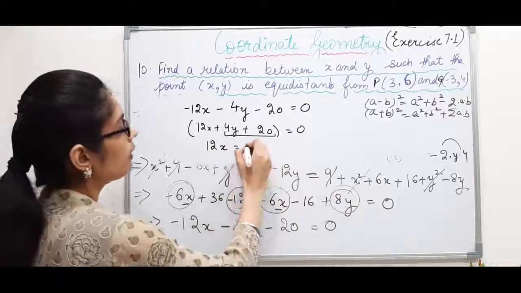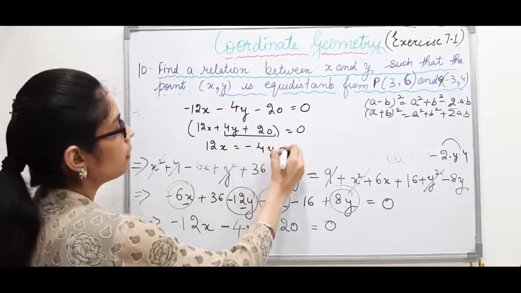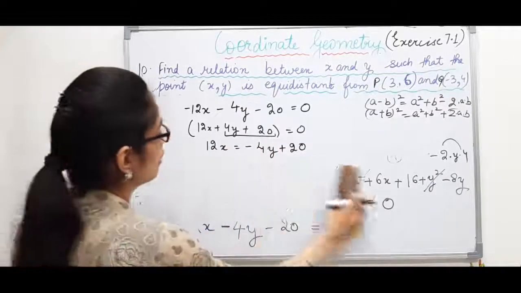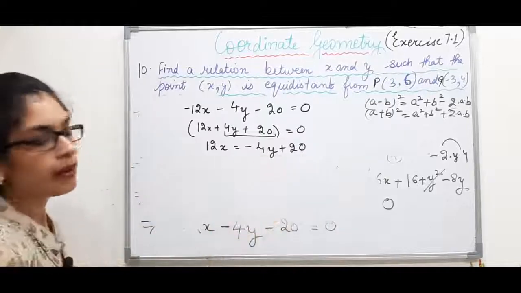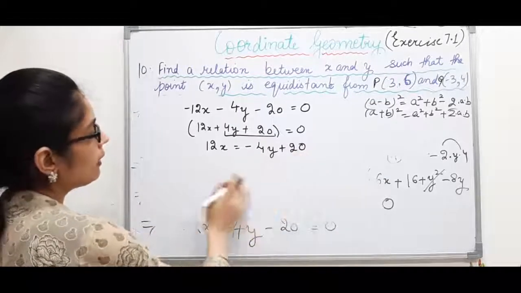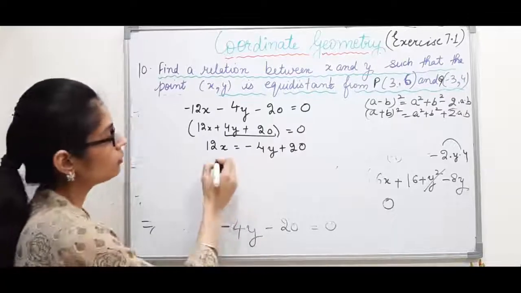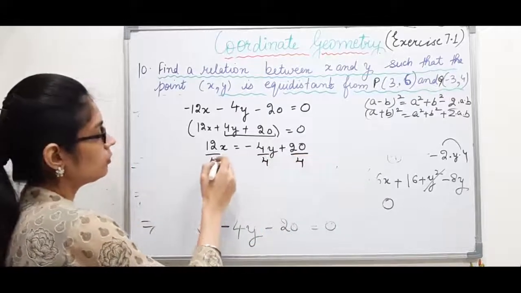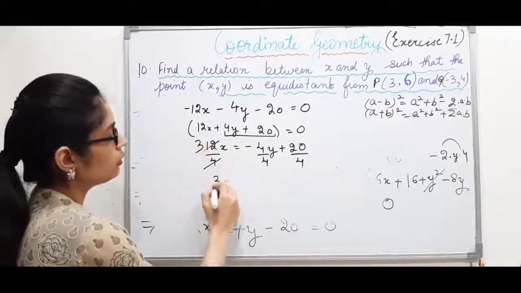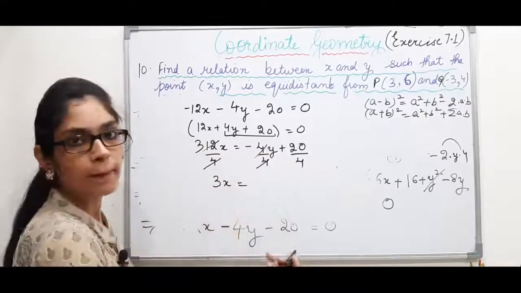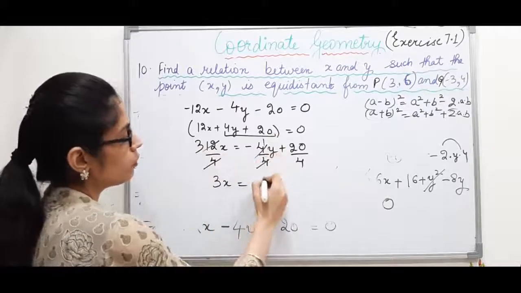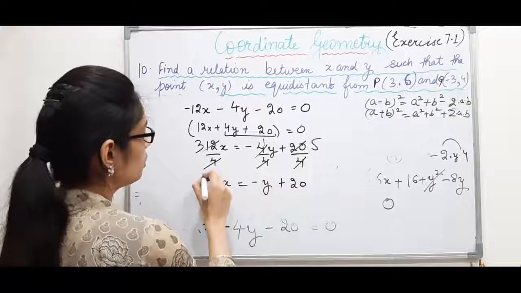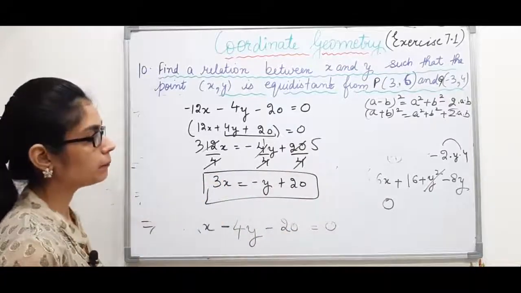So 12x we can write minus 4y plus 20, and you can see all these terms have 4 as common, because 20 and 12 they are also multiples of 4, so we can divide entire terms with 4. So 4 into 3 is 12, so 3x is equals to 4 into 1 is 4, so minus y, 4 into 5 is 20, plus 5. So this is the relation between x and y.